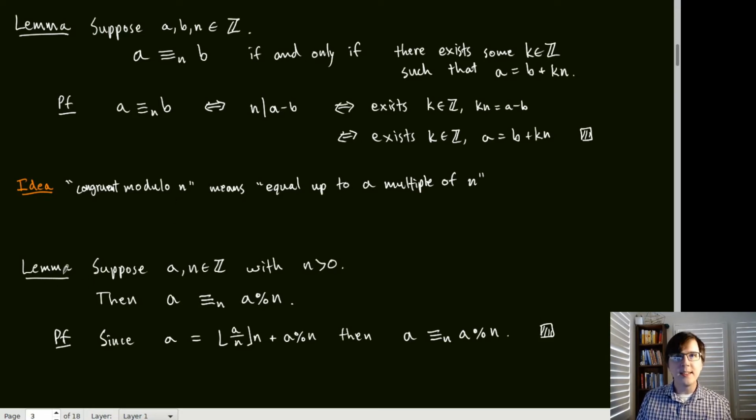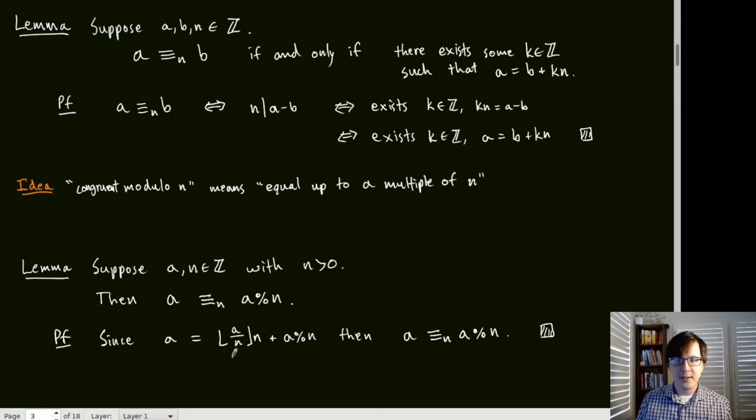Okay, this is a useful lemma, and it's a way to normalize different congruence equations. So if we have two integers, a and n, where n is positive, then a is congruent mod n to a mod n, or the remainder of a divided by n. And this is easy with the lemma, because in the definition of a%n, or of the remainder, we know that a is equal to the floor division of a by n times n plus the remainder of a divided by n.